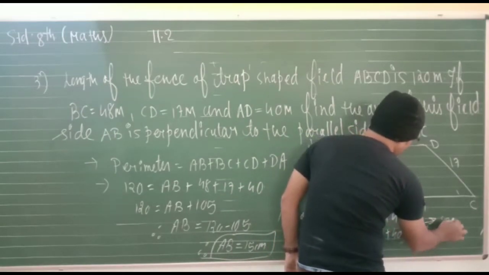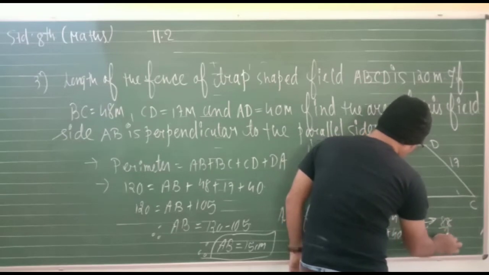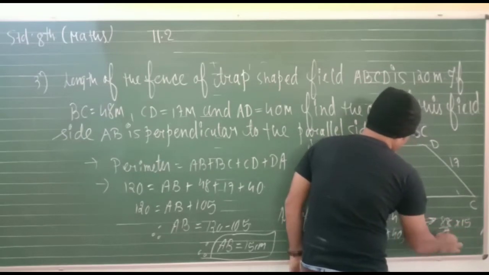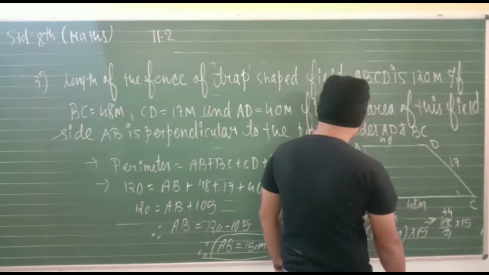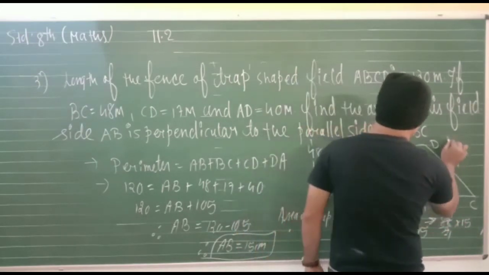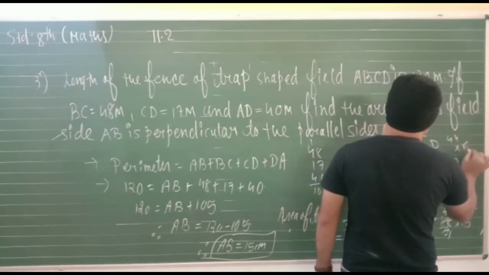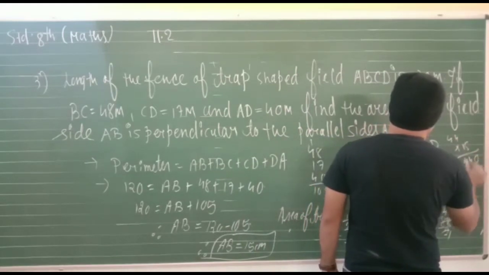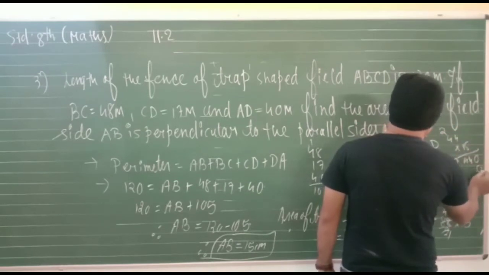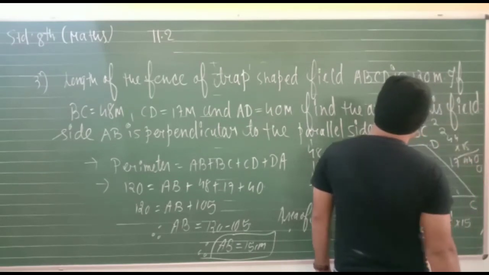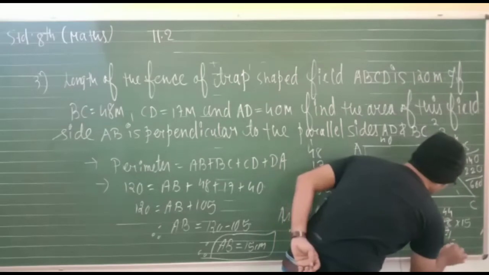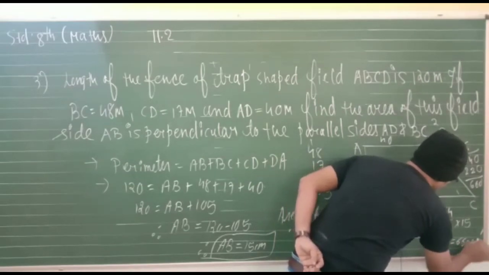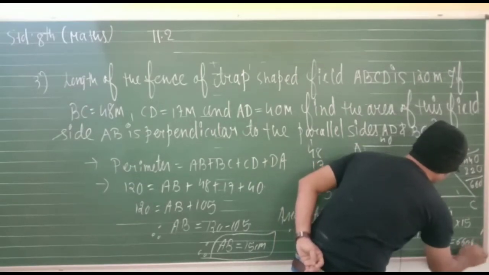48. So 88 by 2 into 15. 2 ones are 2 and 4 fours are 40, so 44 into 15. 5 fours are 20, again 5 fours are 20 plus 2, 22, is equal to 660 meter square.